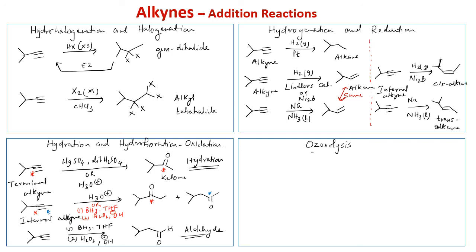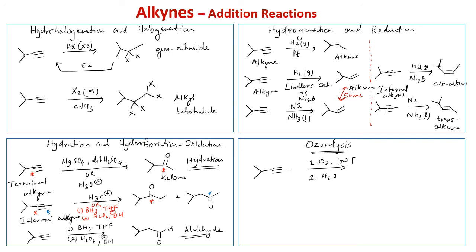Now, coming to ozonolysis, when you do ozonolysis on an alkyne, and I'll use an internal alkyne here, the conditions are similar to what we saw in the case of alkenes. The only difference is, here, you quench this by adding some water.